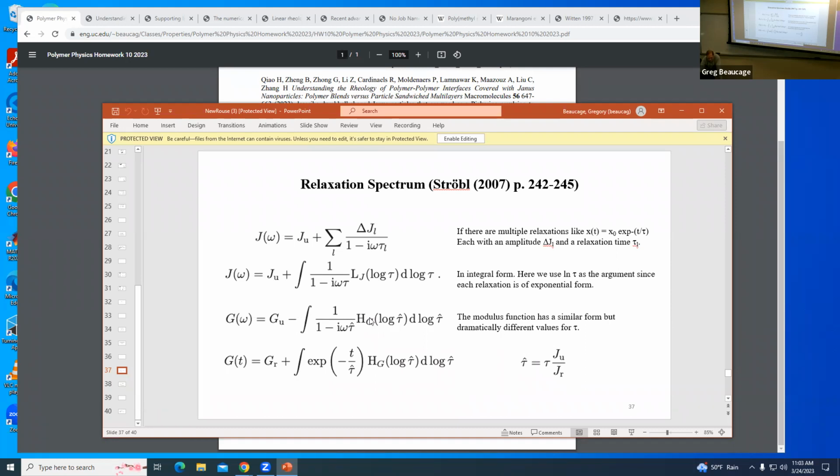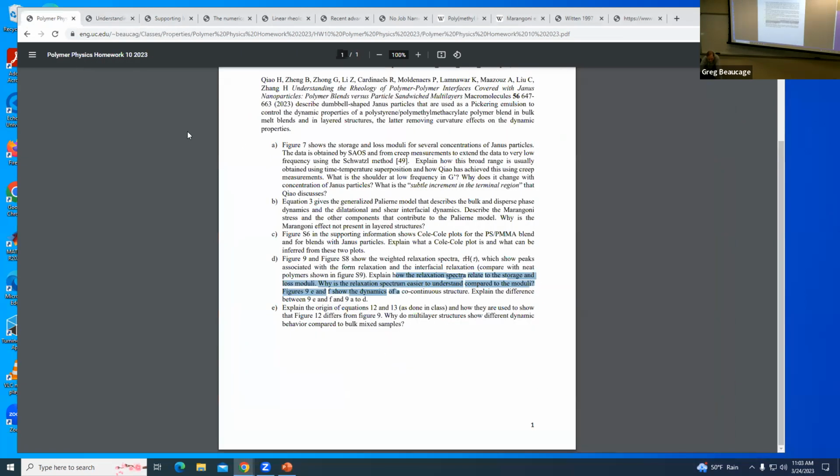So it's going to be the integral of the spectrum times a Debye relaxer for each tau of the spectrum. So this is a single Debye relaxer, like 1 exponential minus t over tau converted to frequency is going to be that equation. And then each one is weighted. The amplitude of it is that spectrum. So then you get the complex modulus and you can get the storage and loss from that. That's the idea of this thing.